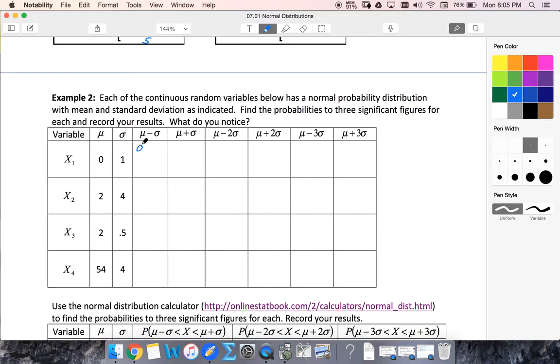So this one is 0 minus 1, which is negative 1. 0 plus 1, that's 1. 0 minus 2 times 1, negative 2. 0 plus 2 times 1 is 2. So keep going, pause your video, fill all of those in so that you have all the values.